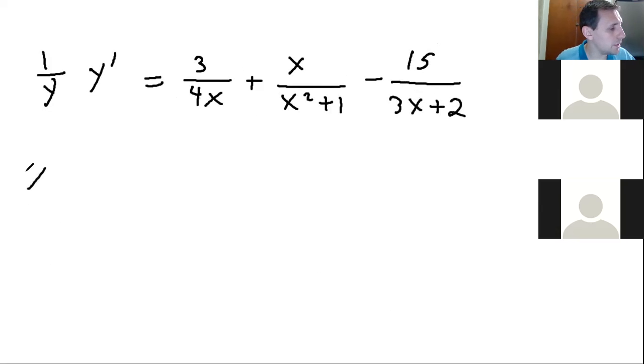And all that remains to be done is that y prime equals to y multiplied by the full expression. And remember what y was. Y was this.